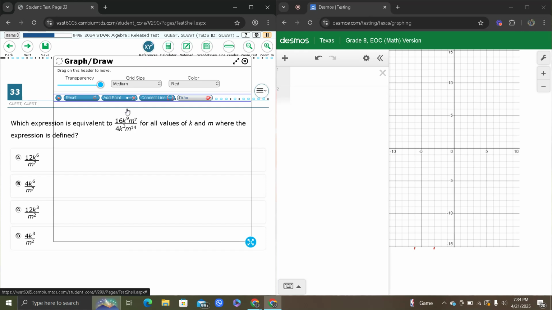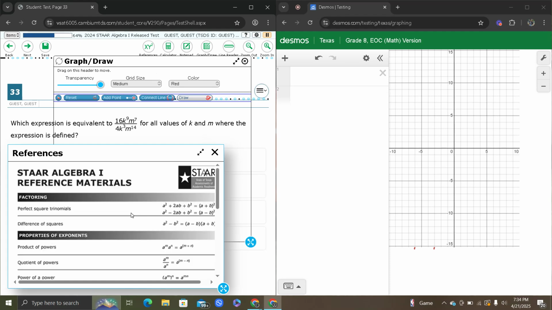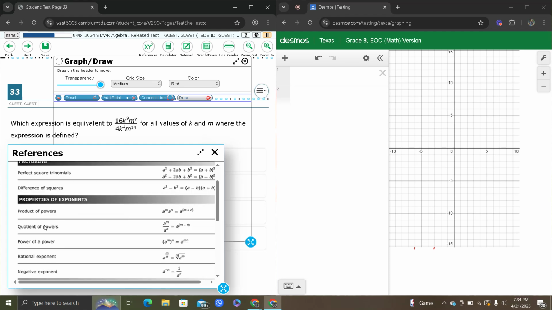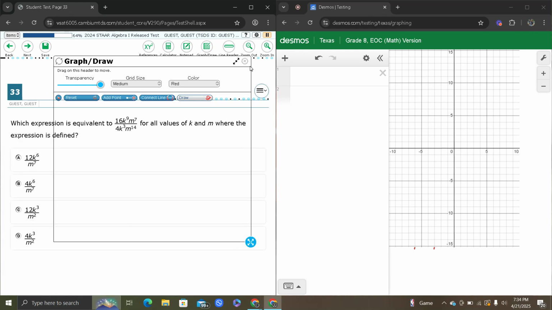So look in your reference sheet, just in case. You have this one right here, the second one. If it's a number over a number that has exponents, you just subtract the exponents.